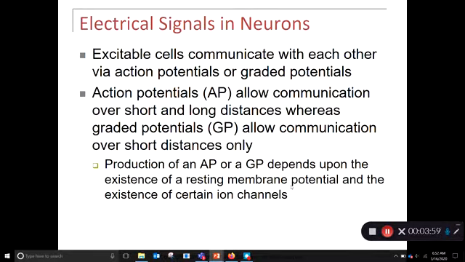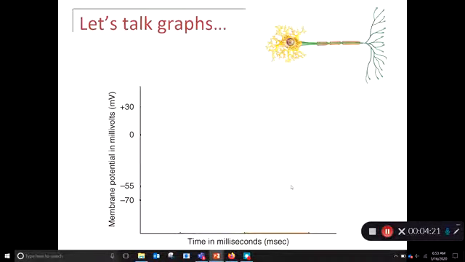Now, a bunch of words. If I were to tweeze apart these words, action potentials, graded potentials, all these happen within an excitable cell, both of which will occur depending on what stimulus they get or how many ions are released in or out of the cell and what type of neurons.